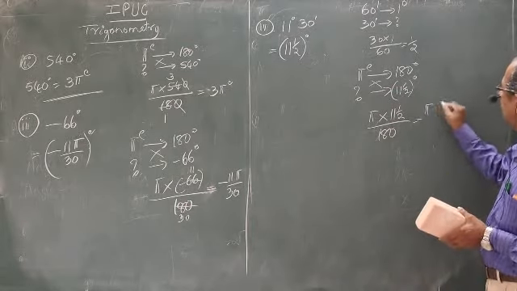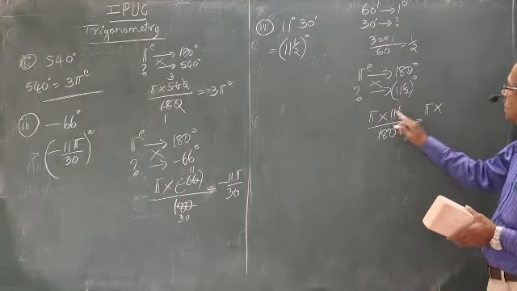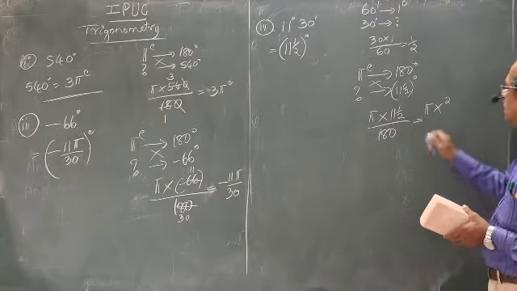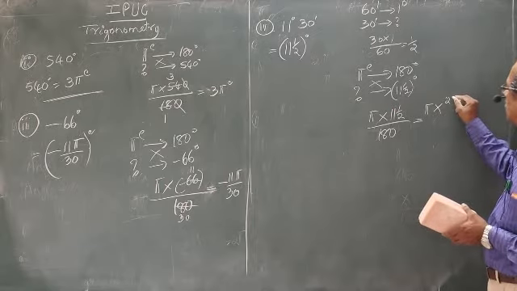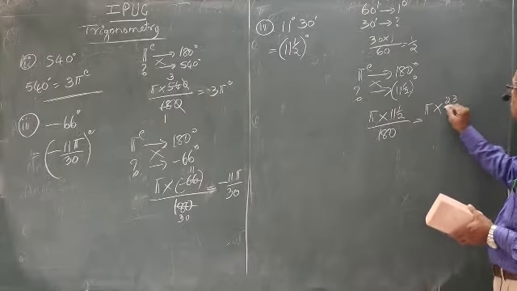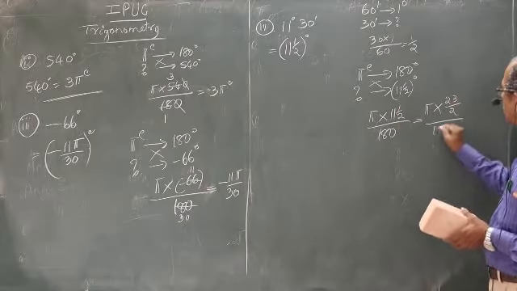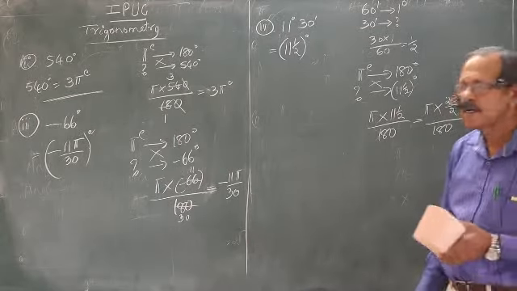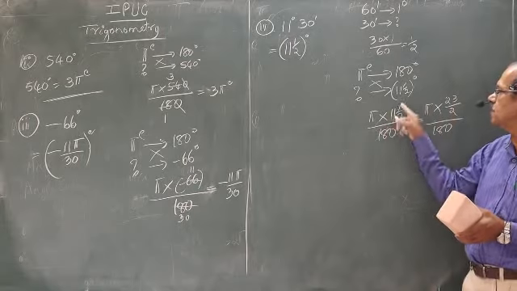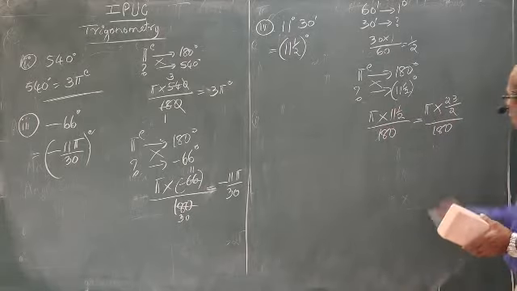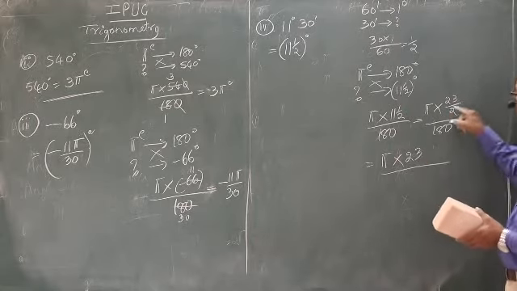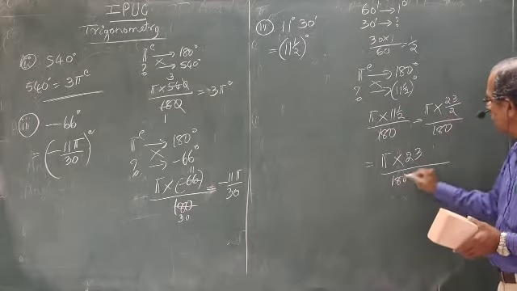Or how can you write this? 11 and a half, mixed fraction into improper fraction: 2 into 11, 22 plus 1, 23 by 2. Or it is pi into 23 divided by 2, comes to the denominator, 180 into 2.